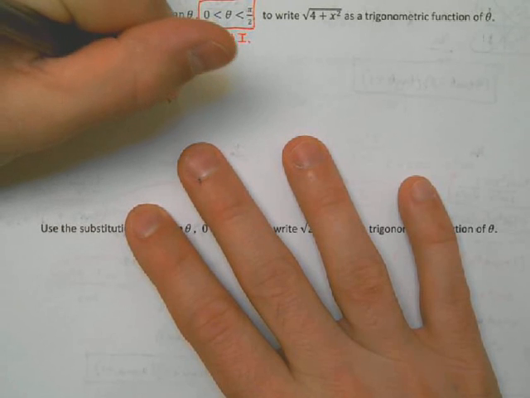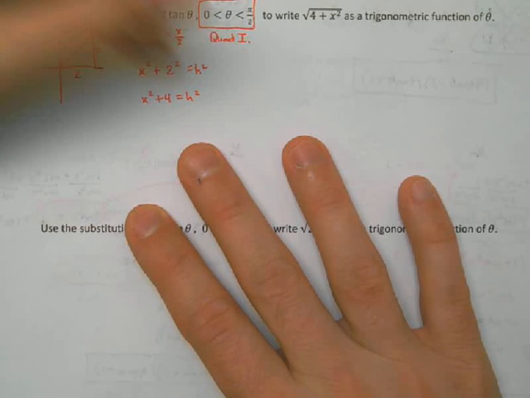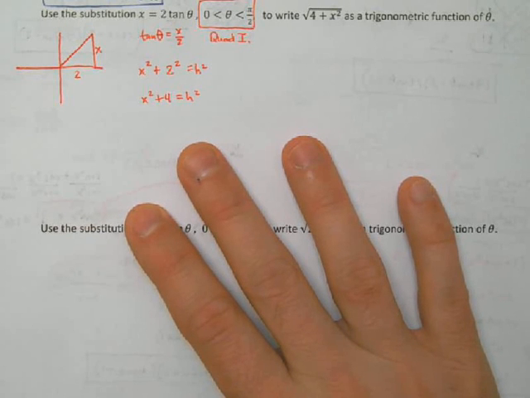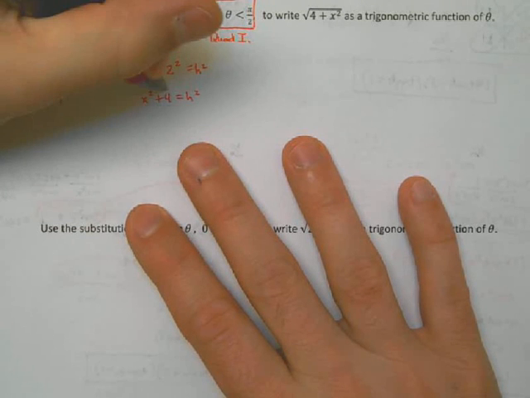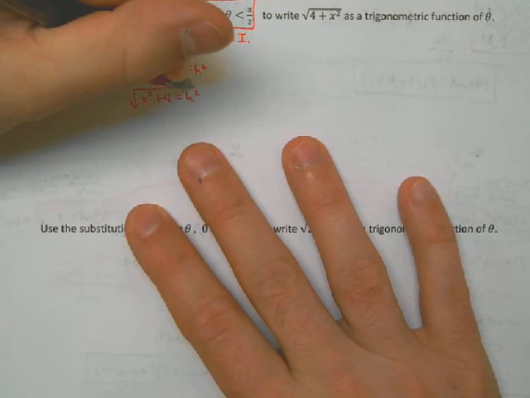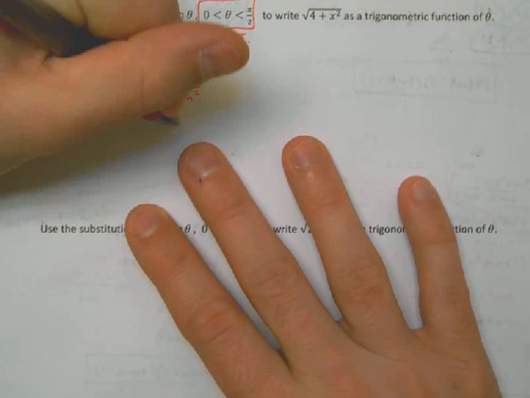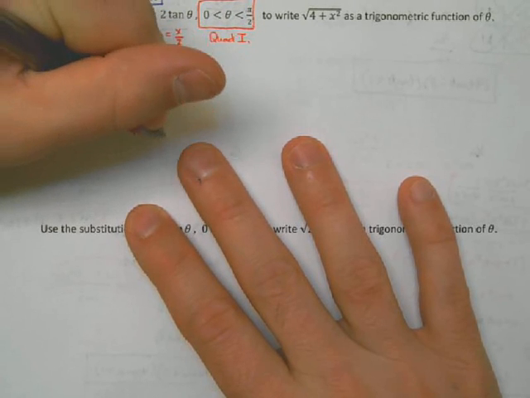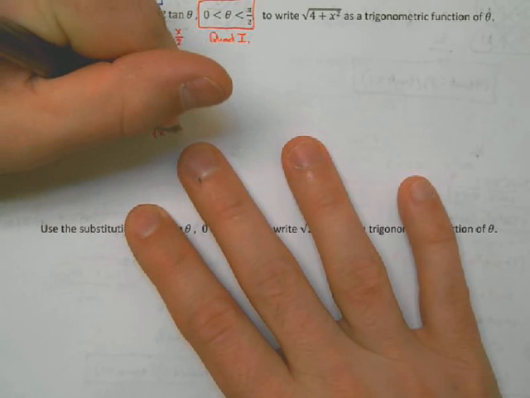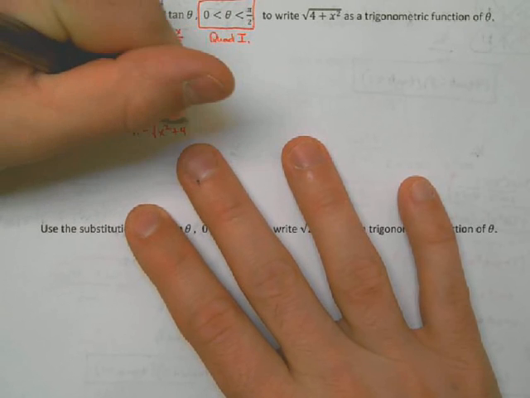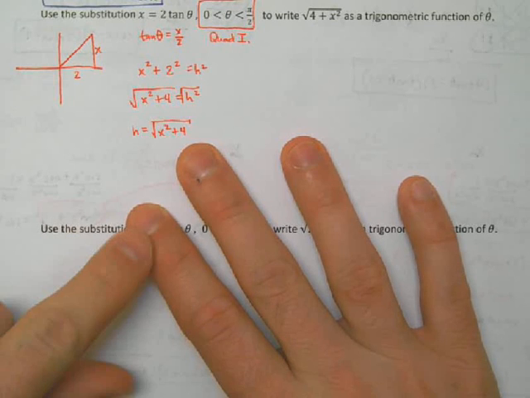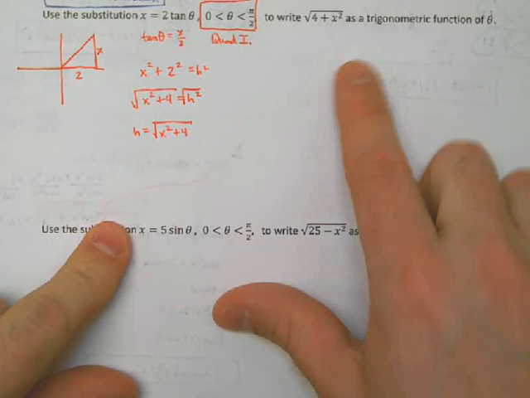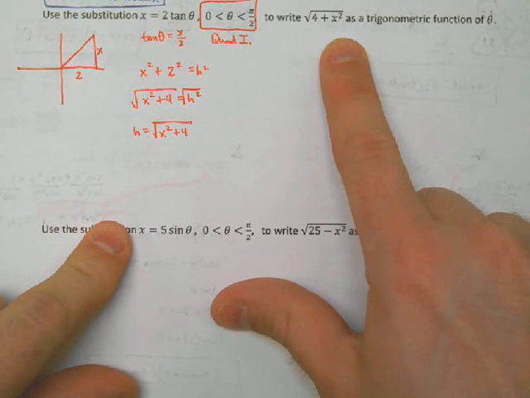In other words, let's write out the final answer. If I'm writing this as an expression in terms of the function of theta, I'm saying this is equal to something, and the only variable that I have over in this something is theta. There's no x over here, right? So there's my answer. It's 2 secant theta.